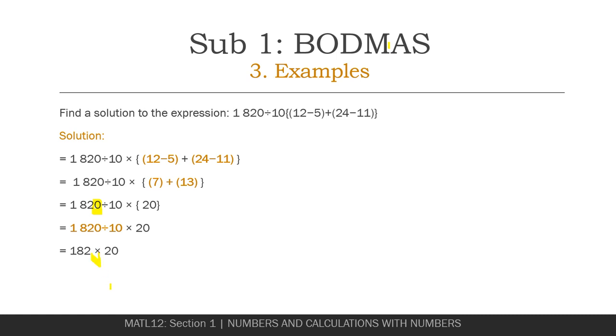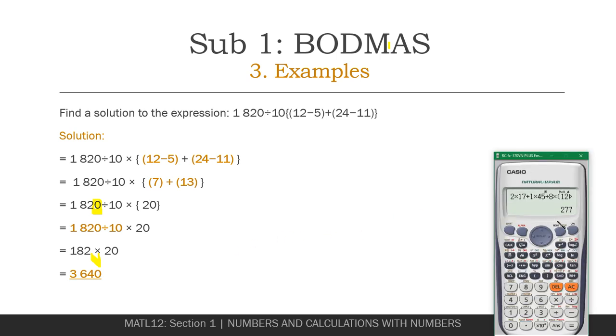But again, if it confuses you, you can forget about those extra details, and of course you can verify your information using a calculator. 182 multiplied by 20 is the same as 1820 multiplied by 2, which gives you 3640. As usual, once you are done with your calculations, you verify the answer on your calculator.